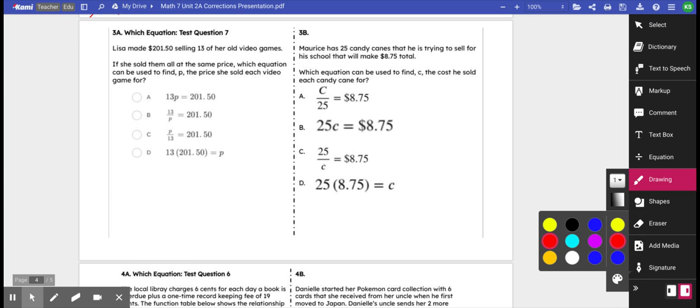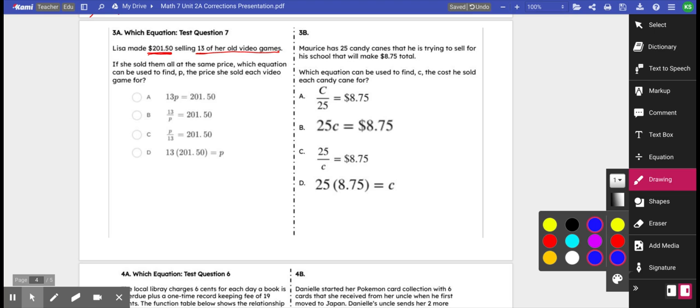So we know she sold 13 games and the total was $201.50. So we know that's the total. So we need to set it equal to that.